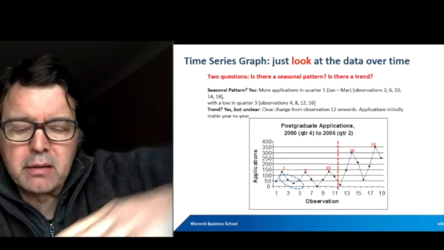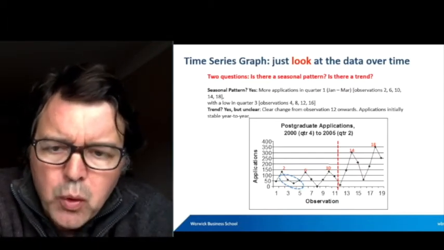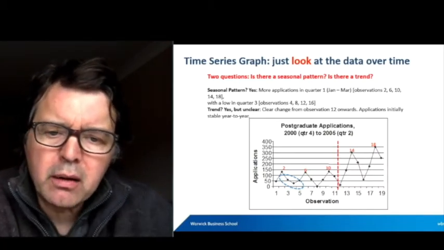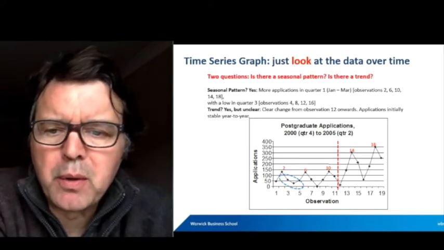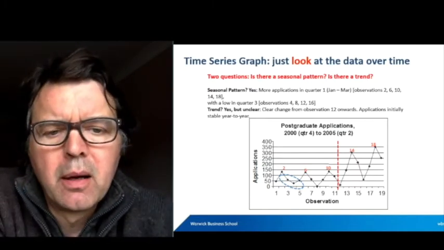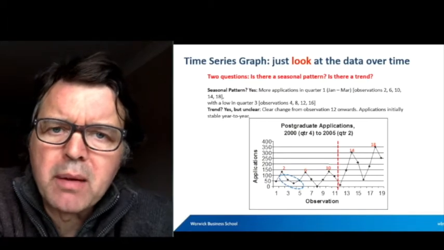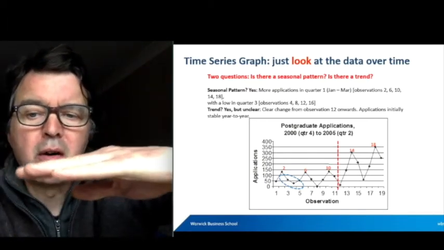So the question is, would we be confident to predict in the future? If we were predicting into the future, we would expect the seasonality to continue, but it's unclear what's happening with the trend. It might be that the trend continues for a bit, or it might level off, or it might come down.